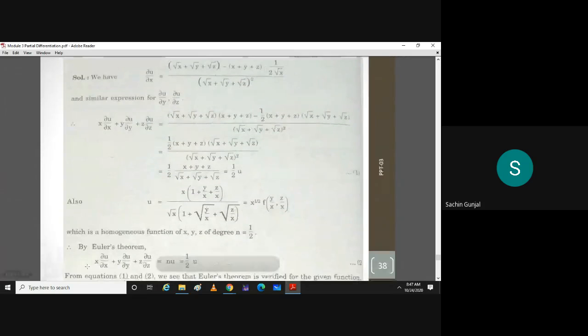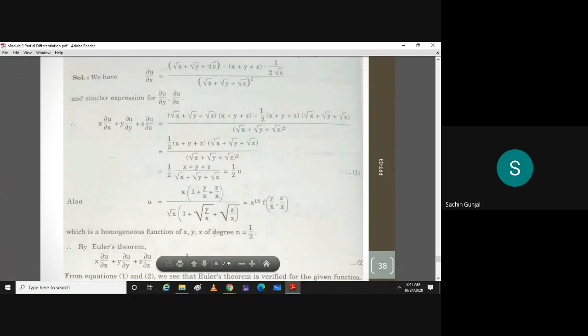Second problem is verify Euler's theorem for the homogeneous function (x + y + z) upon (√x + √y + √z). All right. So, what do you mean by verification? By the way, the function is a three variable function. So you need to verify x ∂w/∂x + y ∂w/∂y + z ∂w/∂z is equal to n into u.